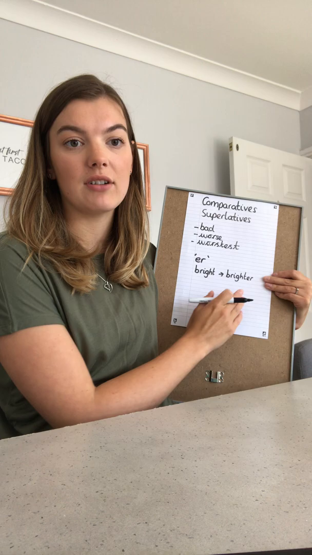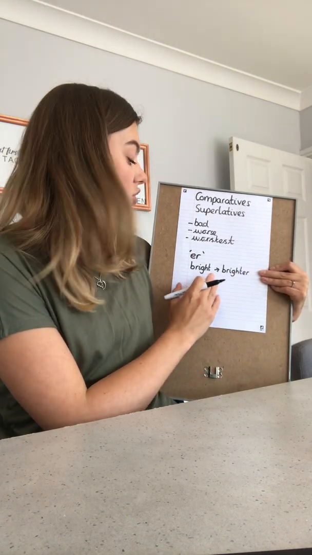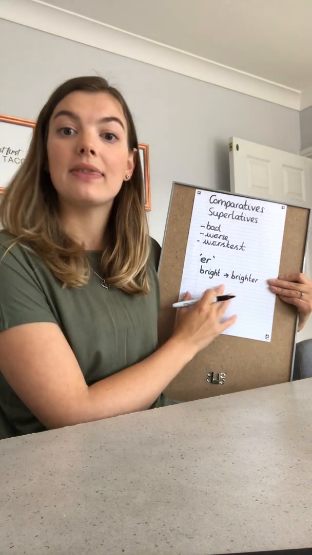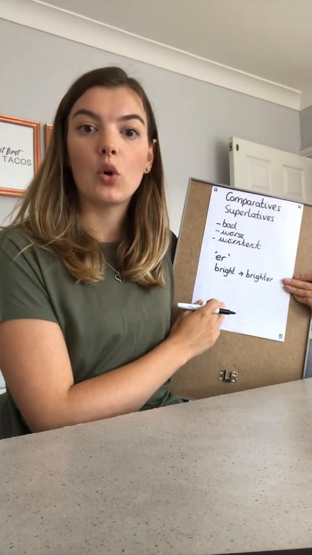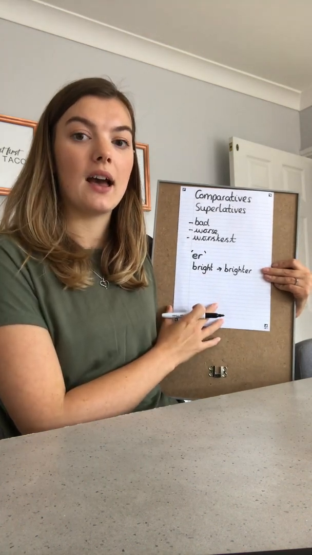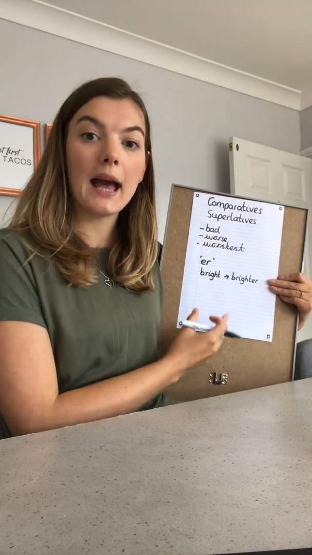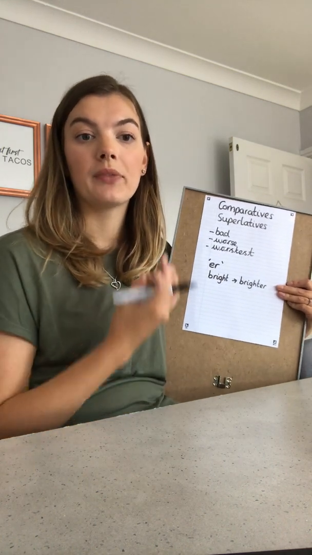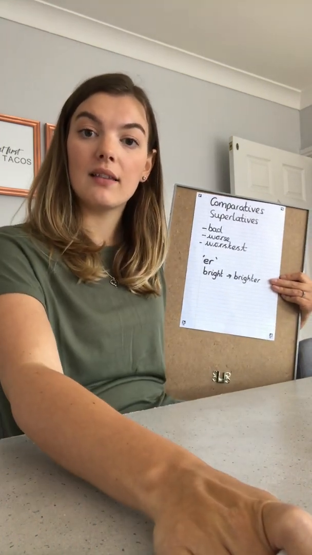It becomes a comparative adjective. So warm, warmer. The weather is warmer today than it was yesterday. You're comparing two things. You might say, the boy is happier than the girl. You're comparing two people. My car is bigger than yours.